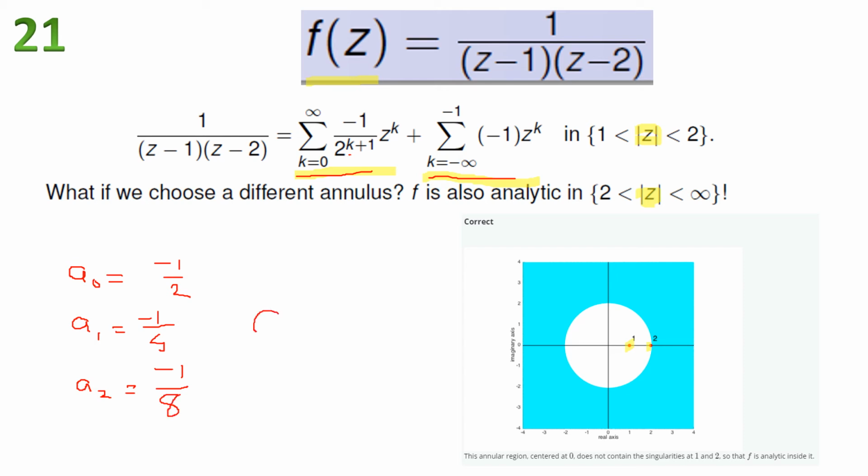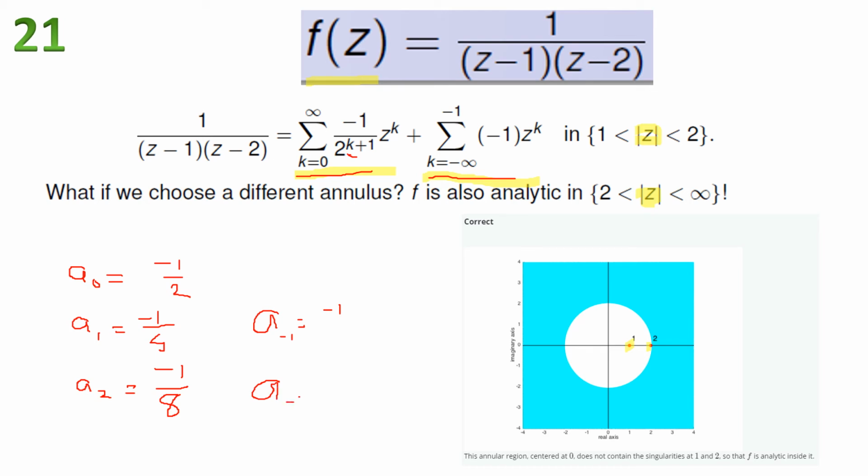Similarly, you can work out the negative coefficient of the first component, a minus 1. So here k is replaced by minus 1, so 2 to the 0 will be 1. So minus 1 will be the first coefficient in the negative part.